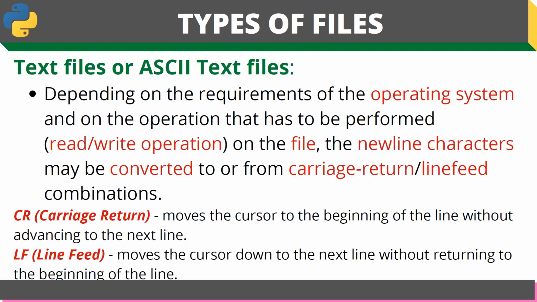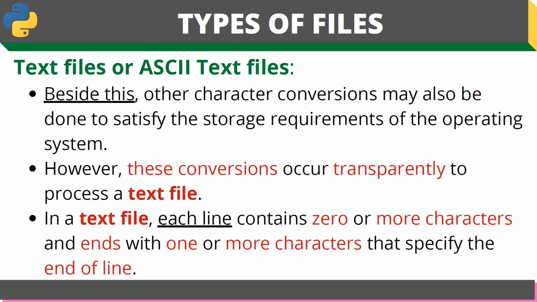What is line feed? It moves the cursor down to the next line without returning to the beginning of the line. Besides this, other character conversions may also be done to satisfy the storage requirements of the operating system. However, these conversions occur transparently to process a text file.